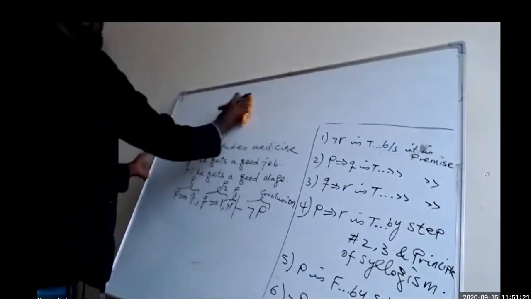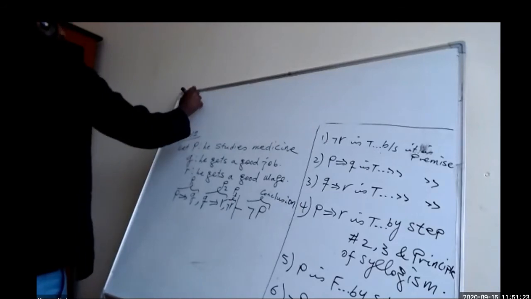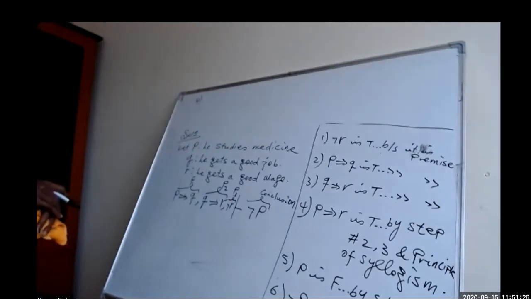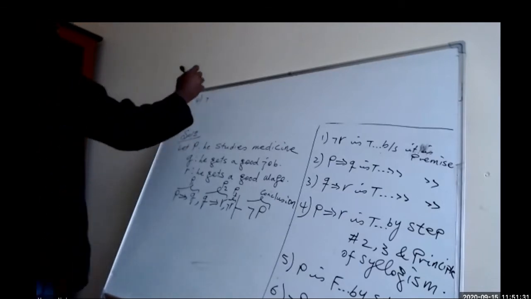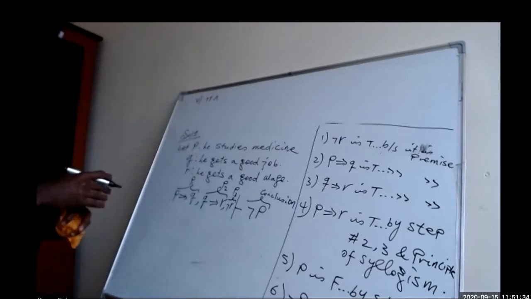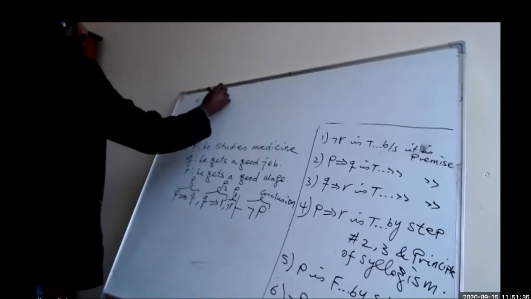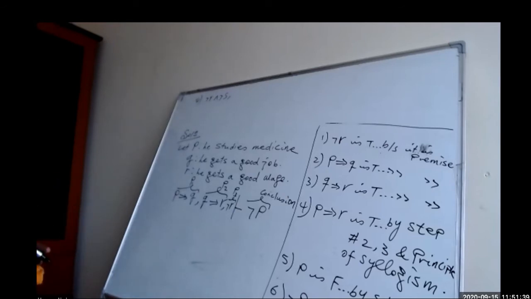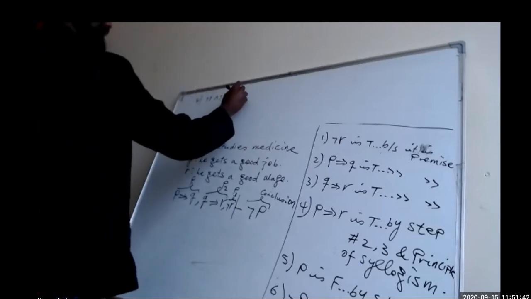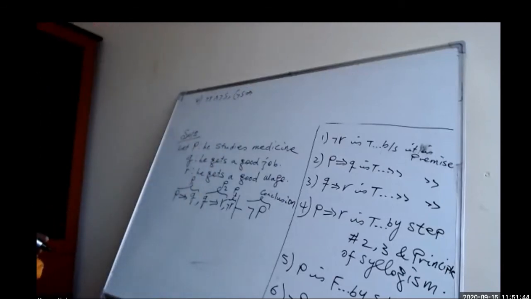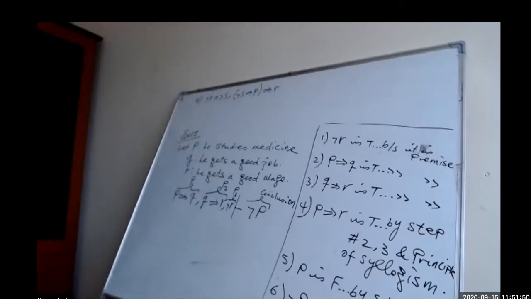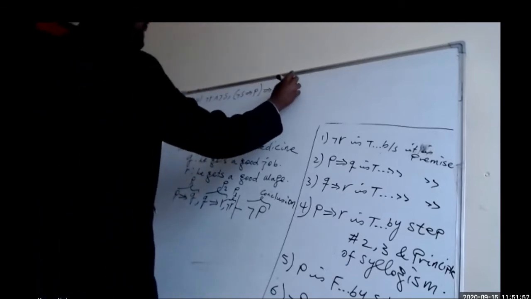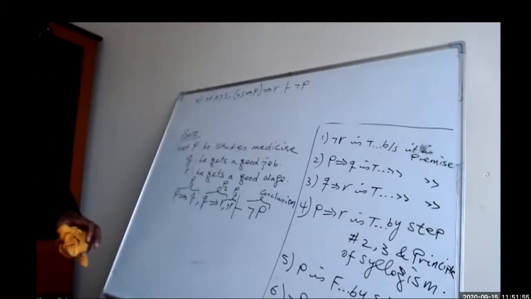Let me give you the argument without an English statement, but symbolically. Example number 4 is given by negation of R and negation of S. Then again, negation of S implies P, and P implies R. The conclusion is negation of P. Let me repeat it again.